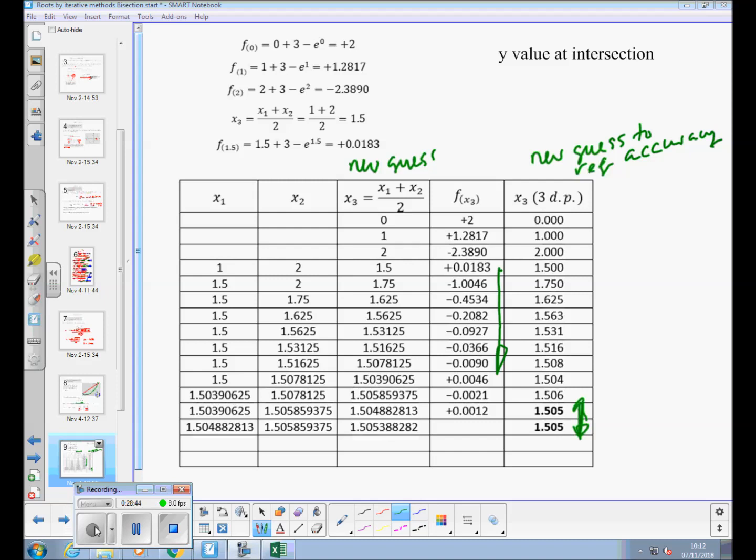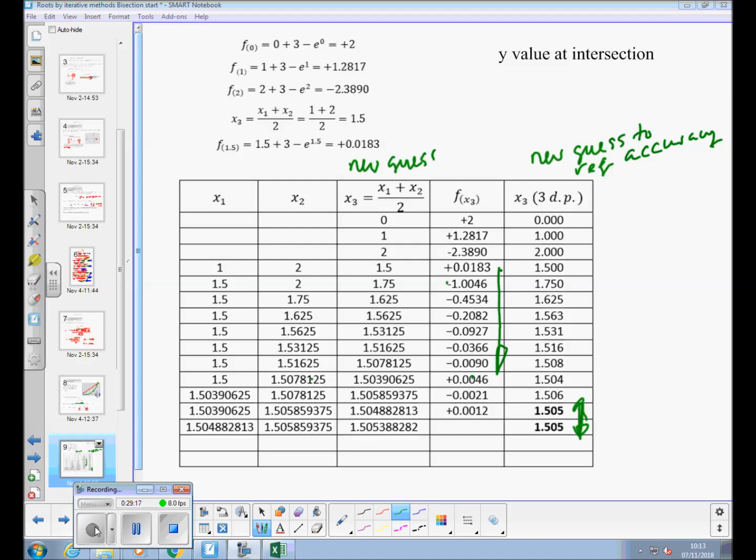We then find another new guess, 1.054685, which rounds to three significant figures to 1.05, the same as the previous one. Therefore, we stop, because we're never going to get more accurate than having that result twice to three significant figures. We can stop.